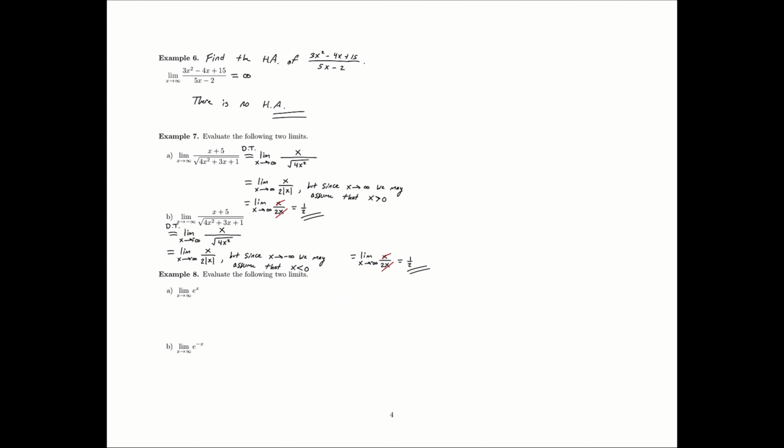And it just so happens that if x is negative, then the absolute value of x is equal to negative x. Because if x itself is negative, then the negative on the outside and the negative that is sort of embedded within the x will cancel each other out and give you a positive.